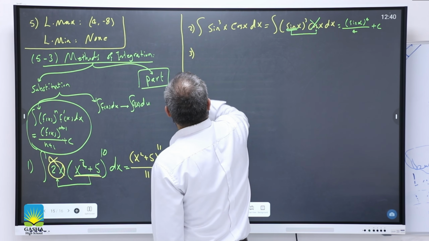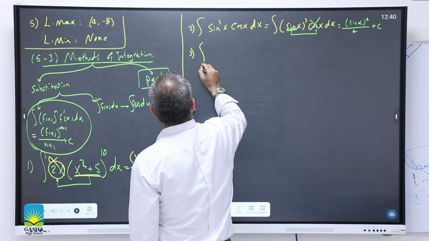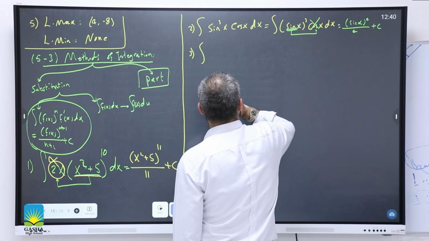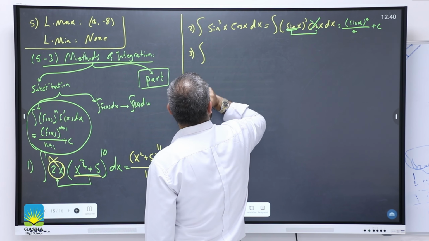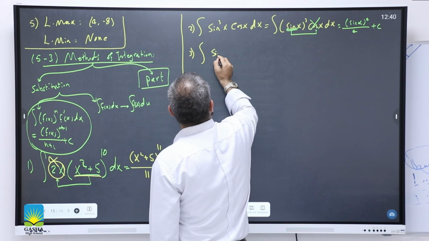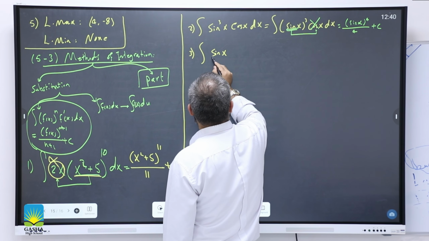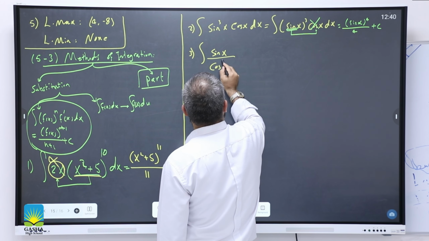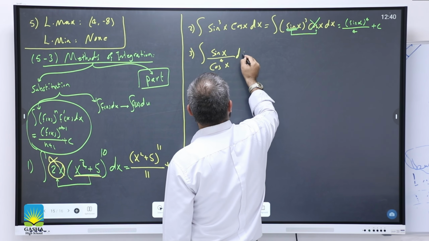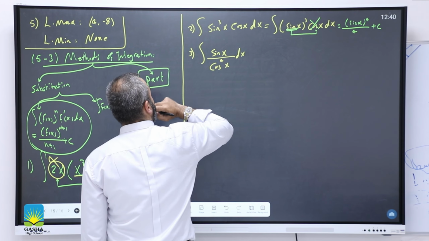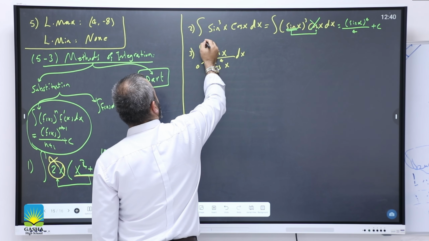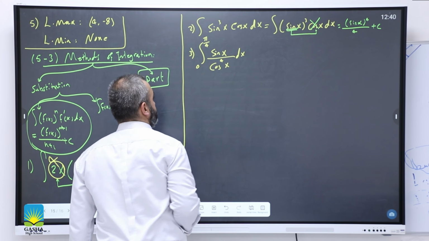What is the third question? The integral of sine x over cosine to the power 4 of x dx, from 0 to pi over 4.